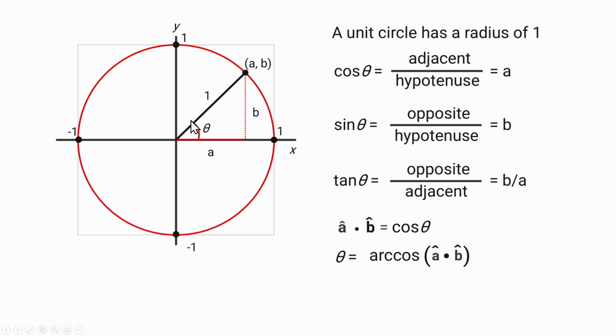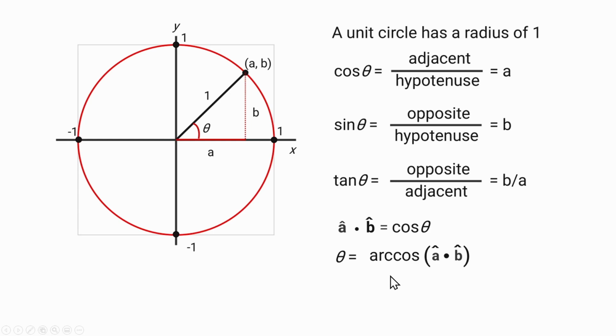So not to go too far in that math, but the dot product mentioned earlier would then be the same as the adjacent over hypotenuse, which is the same as the cosine of this angle. So if we invert that, we can calculate any intercepted angle of the unit circle, so basically the angle between 2 points and the origin of a circle, by taking the arc cosine of the dot product, which is described down here.